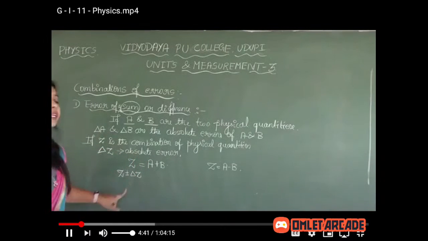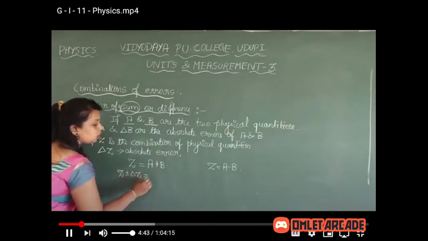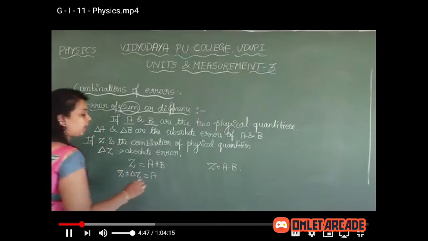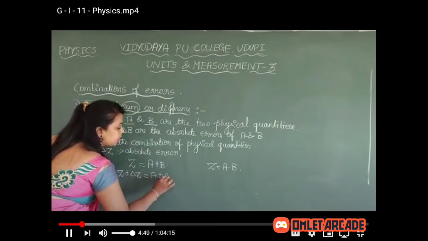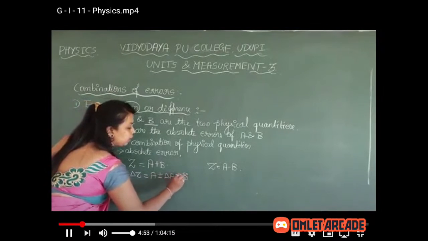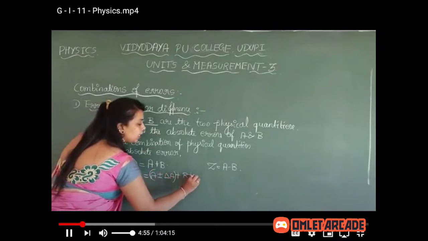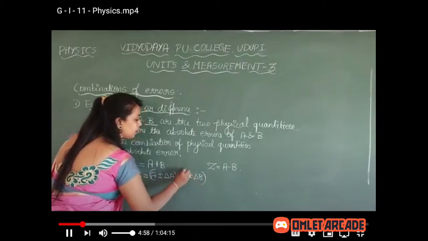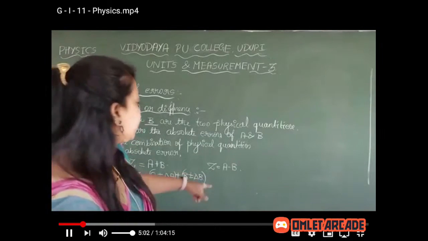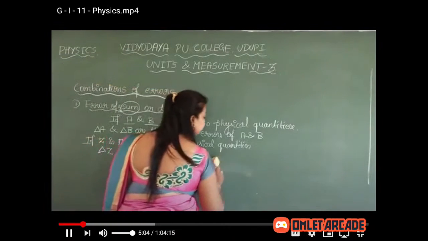And while measuring, A plus or minus delta A, B plus or minus delta B. I will solve this first for the sum, then I will solve for the difference.